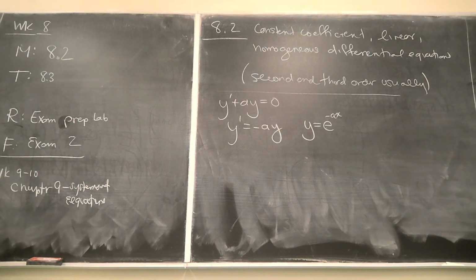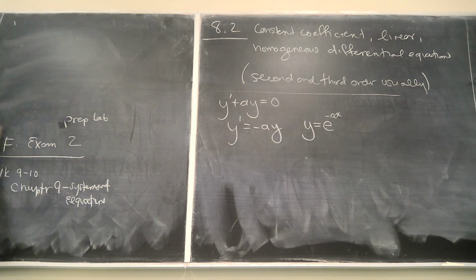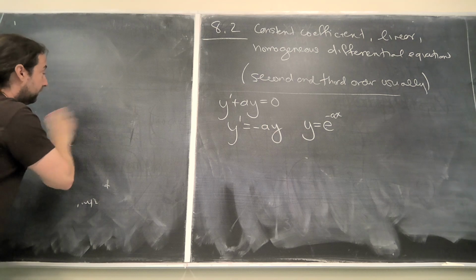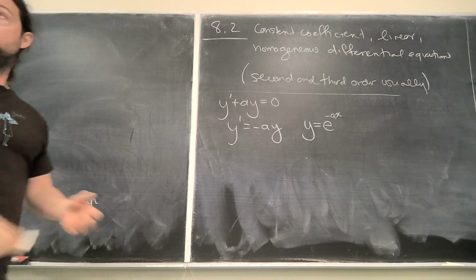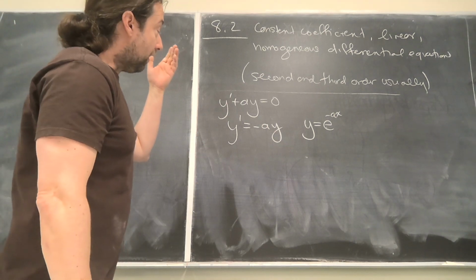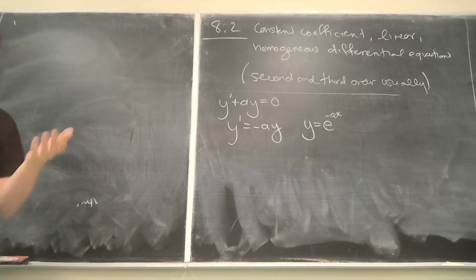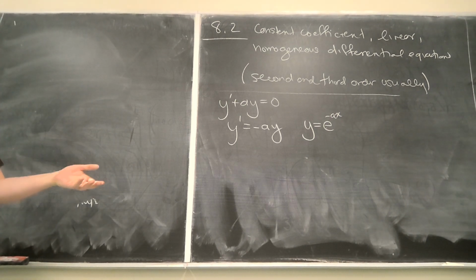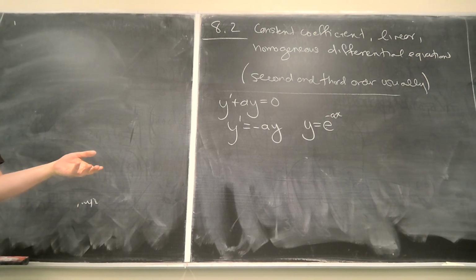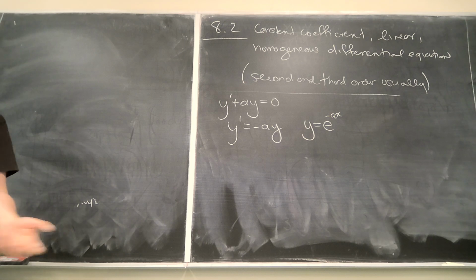A first order equation of that form has exponential solutions. So the approach we're going to take to higher order equations is to assume, and this is not really an assumption, this is true, that all of the solutions to a constant coefficient higher order linear homogeneous differential equation are some kind of exponential, always.